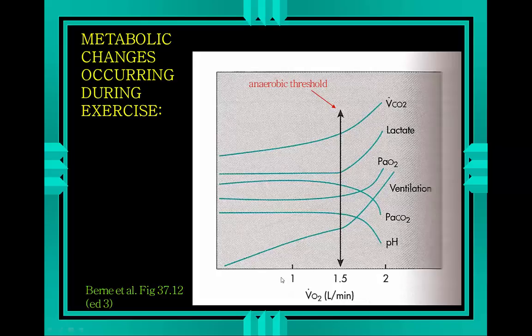Now, when you start exercising, and hence your requirement for oxygen increases, your cells need more oxygen. As we just saw in the last overhead, ventilation increases, but we don't get any changes of the other modalities until we get to a critical level. And that critical level is called, as I said, the anaerobic threshold or lactate threshold. And it's really the point in exercise intensity at which the lactate, or more specifically lactic acid, and the key word is acid, starts to accumulate in the bloodstream.